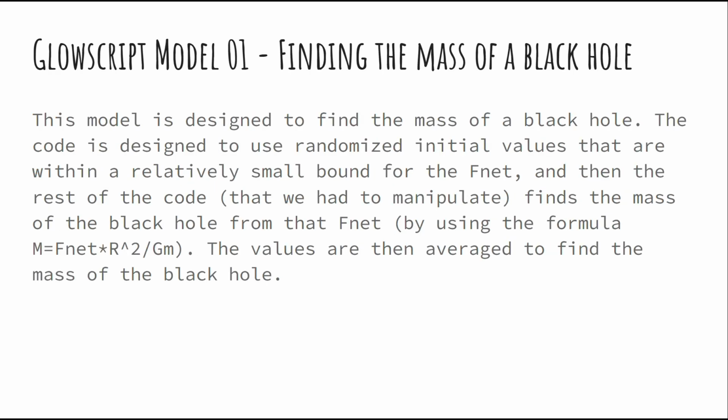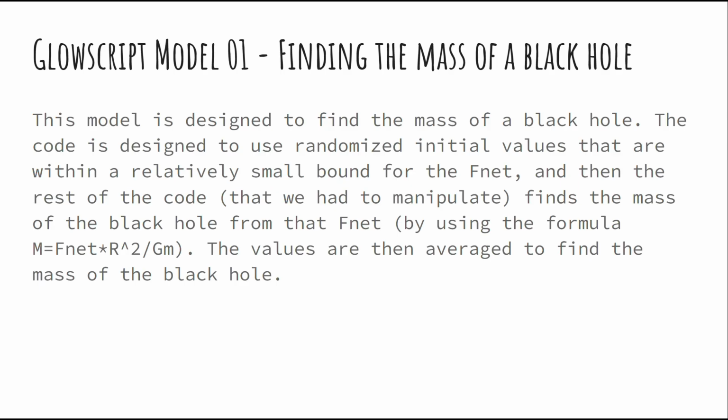For the first model, the question is asking to find the mass of a black hole with randomized values for the FNet, with a relatively small bound for the FNet, so that any randomized values you get would be roughly similar.